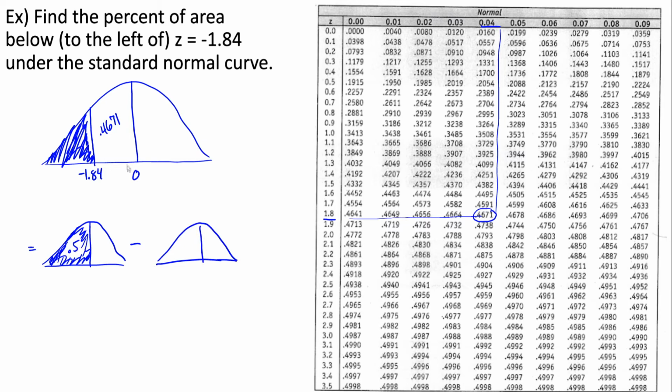The entire 0.5 minus the area that we can look up on the table. So if we do 0.5 minus 0.4671, that gives us 0.0329. So 0.0329 is going to be the amount of area here, but they want that as a percent, so we would move the decimal over 2 places, and this is 3.29%.